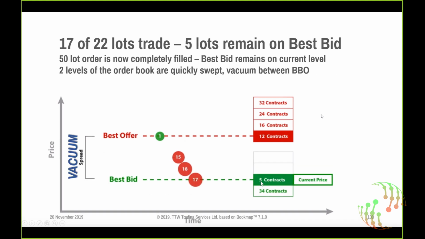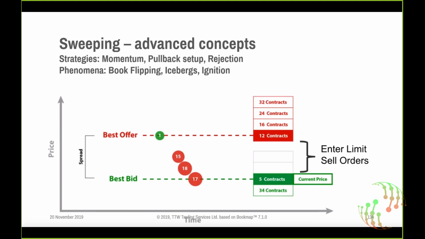So they are sweeping through and leaving a vacuum here on the way down. You see this? That's the scheme of the sweep, but I think it's understandable what happens when a big move comes up.